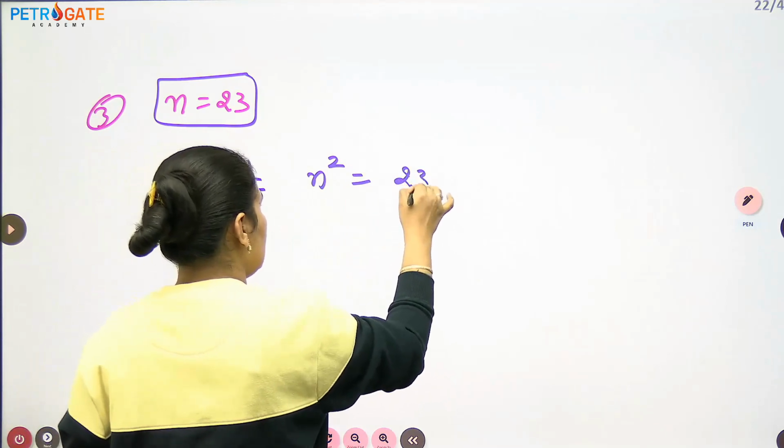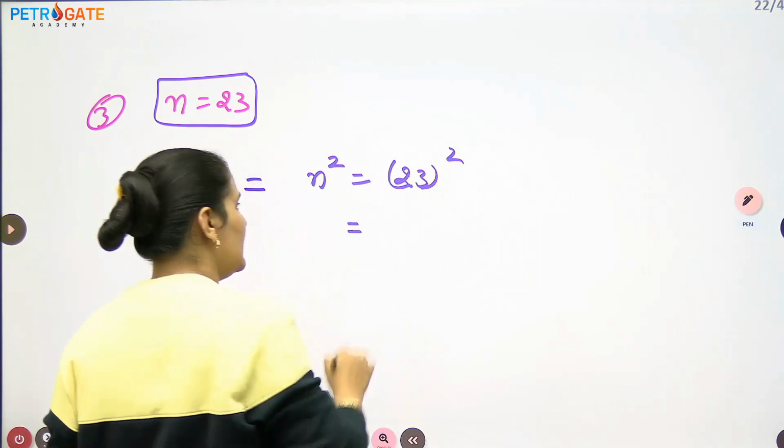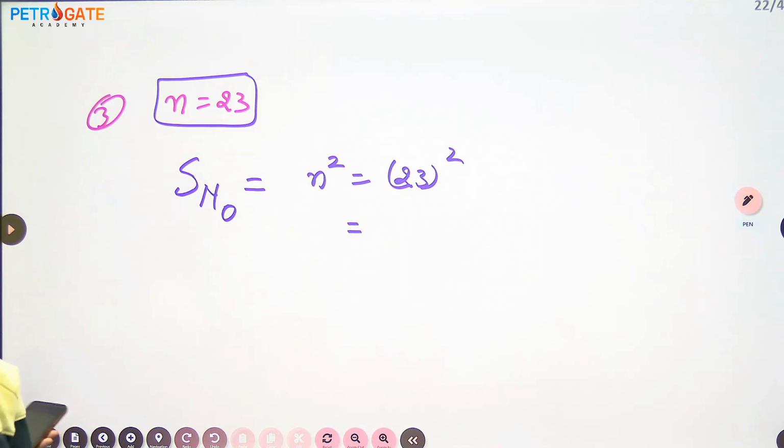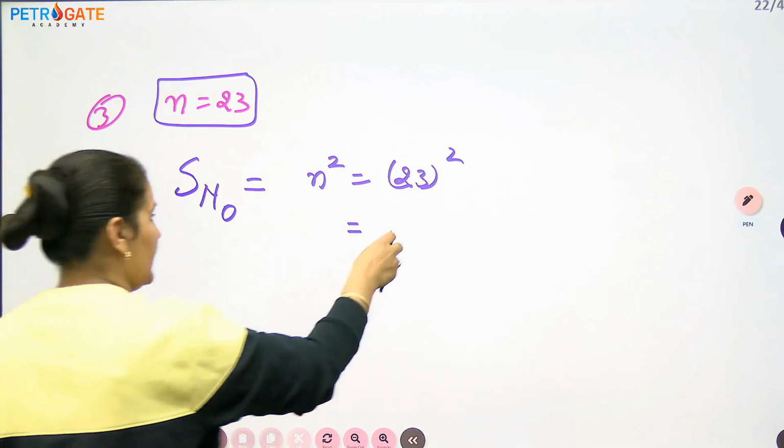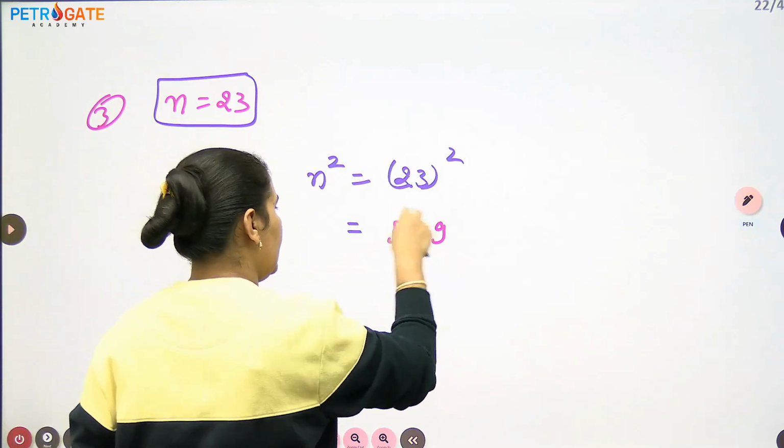It will be 23 square. You can approach it directly. I think it will be 529. We can calculate it directly.